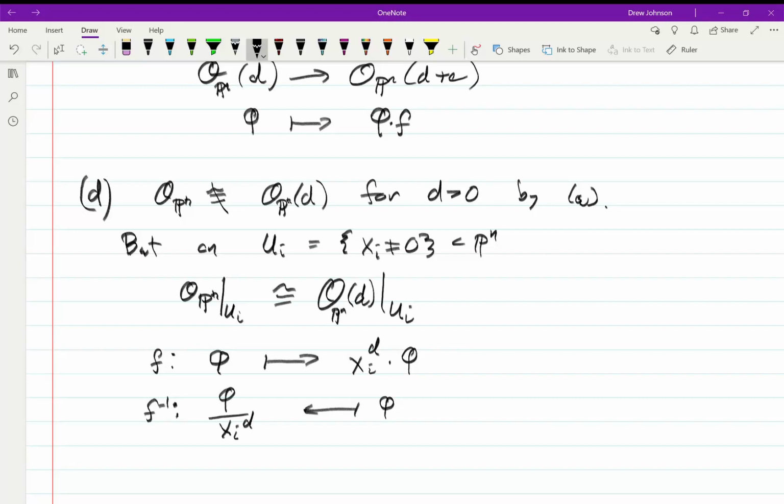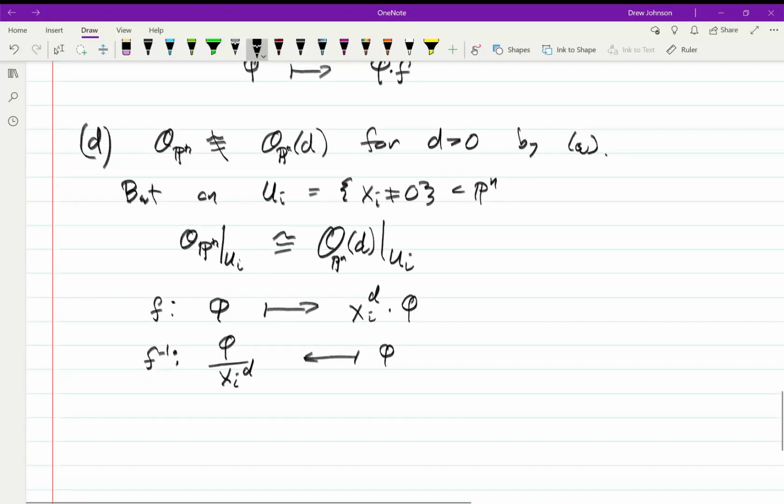It works on sections over any open subset of U_i. Okay, and of course the U_i cover Pn, so we can see that O(D) is locally isomorphic to the structure sheaf, but it's not isomorphic altogether. So such a thing is called a line bundle.